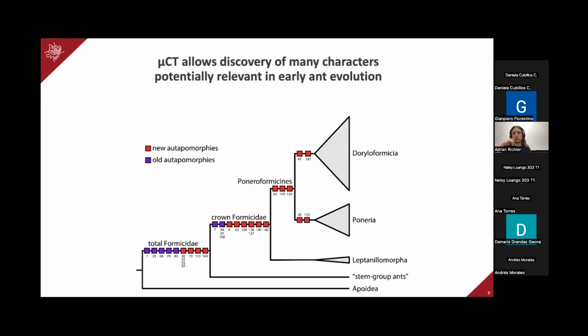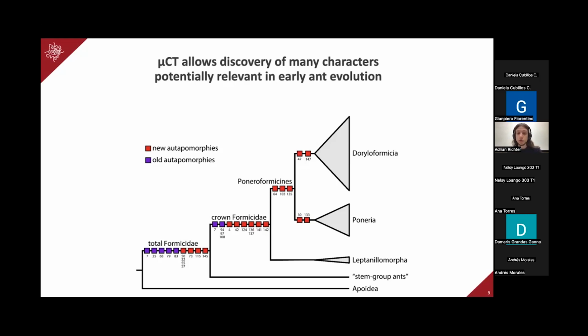But the Formicoidia are basically just the formicoid clade that many of you probably know, and then the Poneria are the poneroid clade. What I marked here on this simplified phylogeny in red are new autapomorphies, meaning characters that had not really been studied phylogenetically before I studied them.